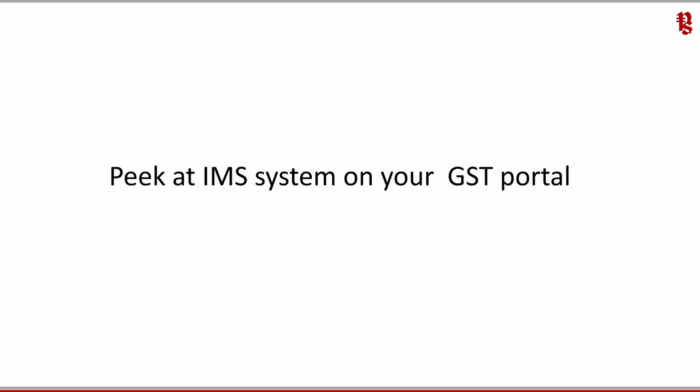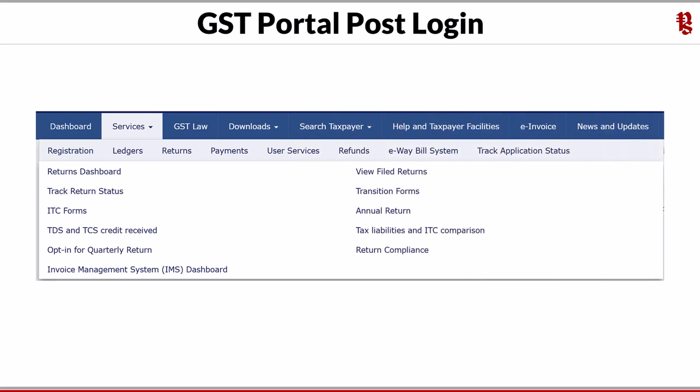Let us have a quick peek into the IMS system available on your GST portal. Once you log into your GST portal with your credentials, the home page is what you see here. Under Services, when you click, you will get this drop down menu, and from the menu, you have to select the IMS dashboard.